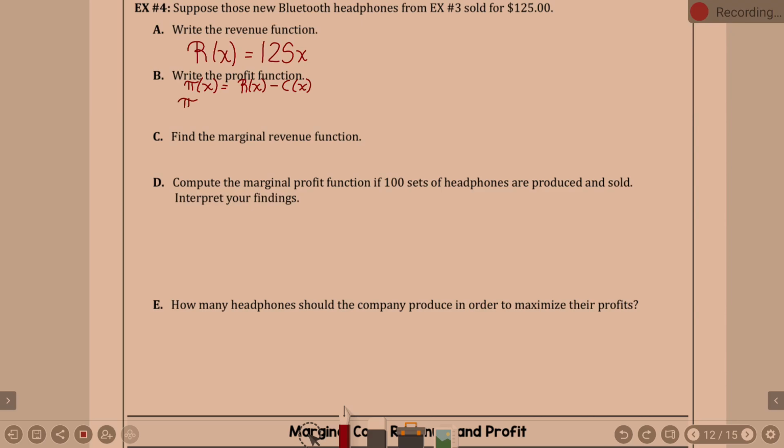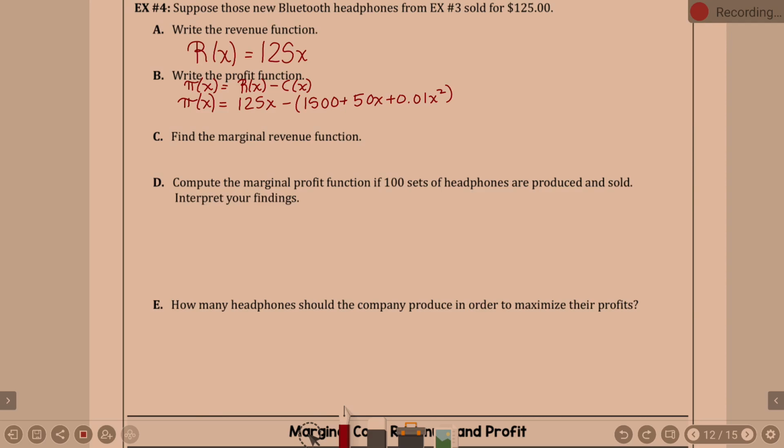What is R of x? 125x. Minus, what's C of x? The one on the other page. Oh, so we're subtracting 1,500 plus 50x plus 1/100th x squared. Now notice I have that whole thing in parentheses, yes?